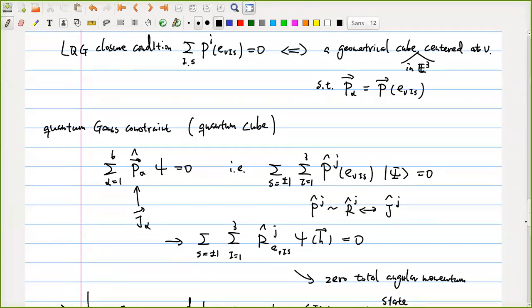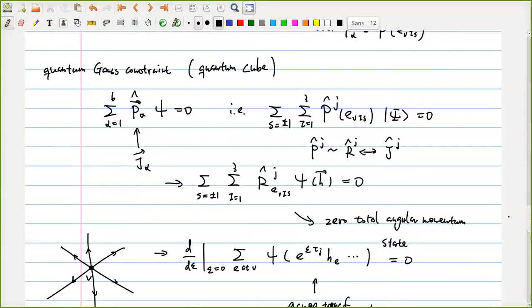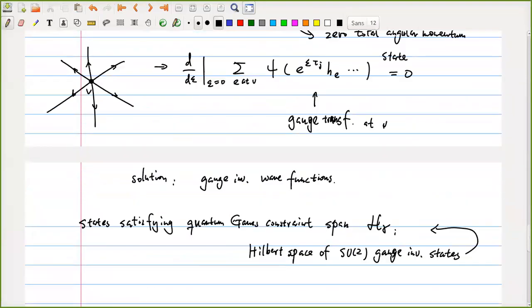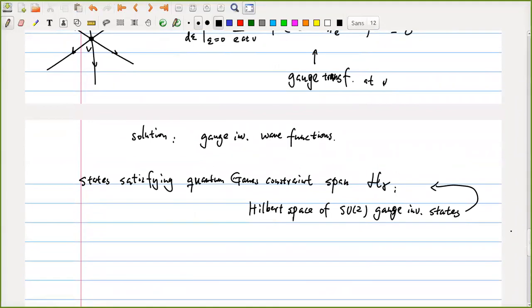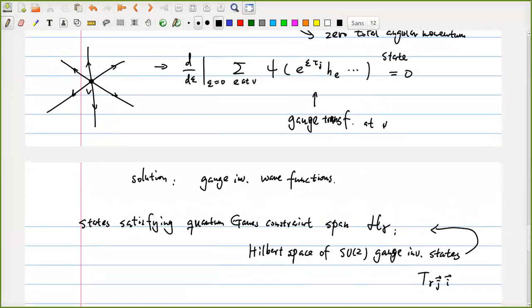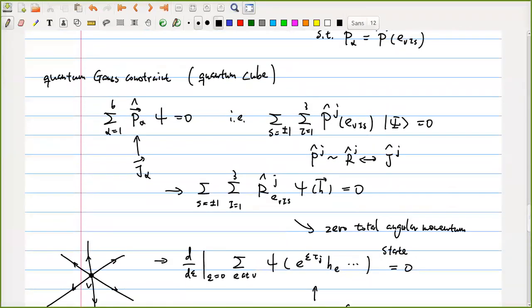These total angular momentum states are just intertwiners, the gadget with which we enter these gauge invariant states. The gauge invariant states are just T gamma J I, and these I are intertwiners, which are zero total angular momentum states, and those intertwiners are just the quantization of this cube closure condition.